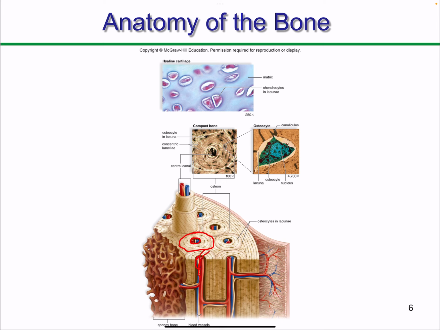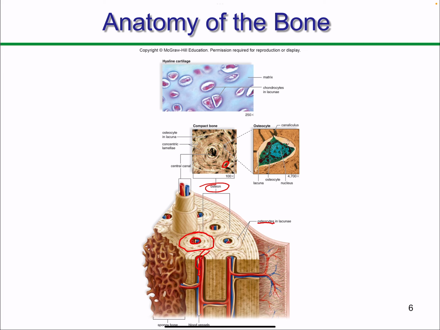Now, so we have the osteon. That's the bone unit in the compact bone. Now, if we zoom in, you're going to have right in here some dark spots. These dark spots are bone cells, and these bone cells are nothing but osteocytes.